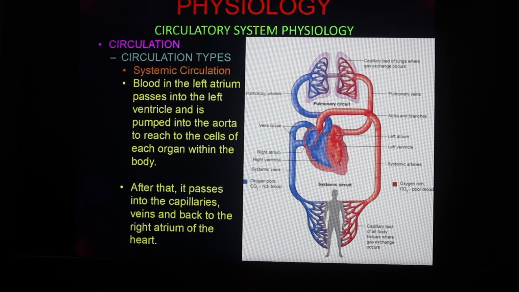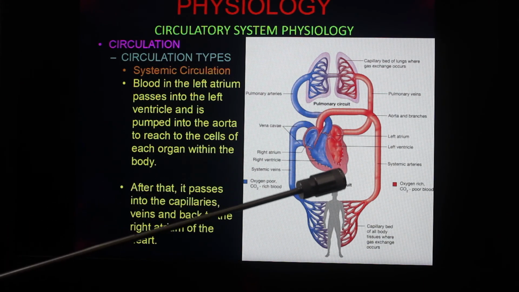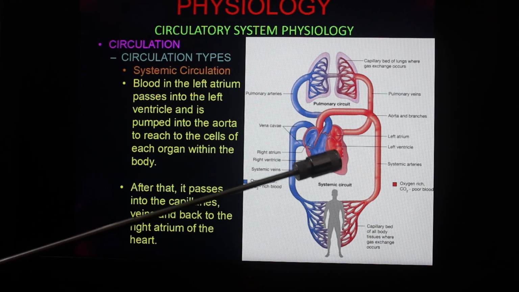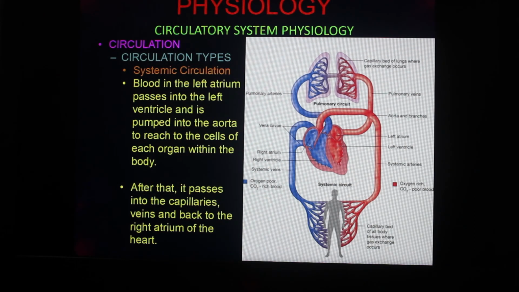When blood comes into the left atrium, it traverses to the left ventricle of the heart, and once the left ventricle is filled with the oxygenated blood, it contracts and pushes its content into the aorta. That is the biggest artery in our body, which is responsible for distributing all the blood and anything within the blood to each and every cell of our body.